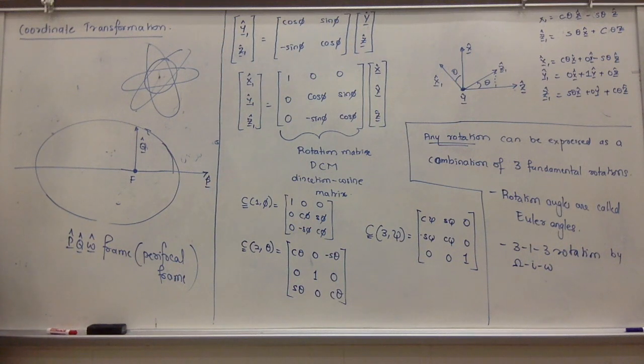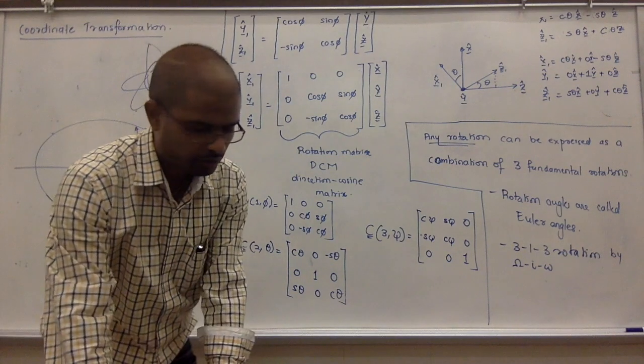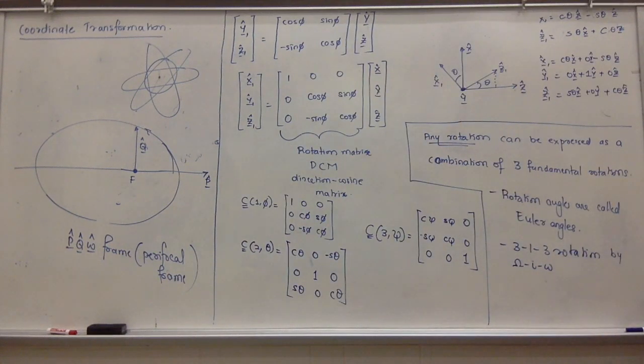If you want to go from the ECI frame to the perifocal frame, you do a 3-1-3 rotation. In a rotation, you're not covering any distance, you're only rotating, right? It will be 3 rotations. My orbit frame and ECI frame are aligned.